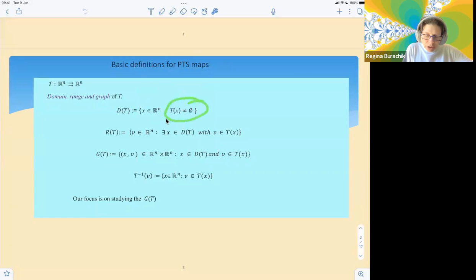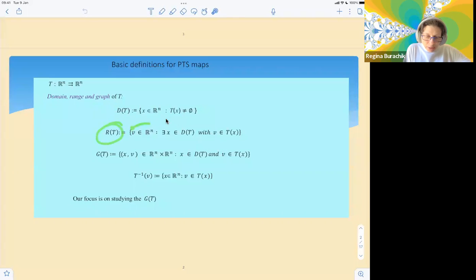And when a set is not empty, then you are standing in the domain of the map. And what is the range? The range are those v that belong to some T of x for some x for which, of course, T of x is not empty. So here, these are the logical replacements from the classical analysis to point-to-set analysis. So the domain is wherever the map is not empty.